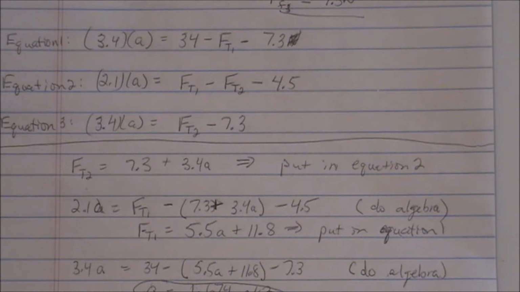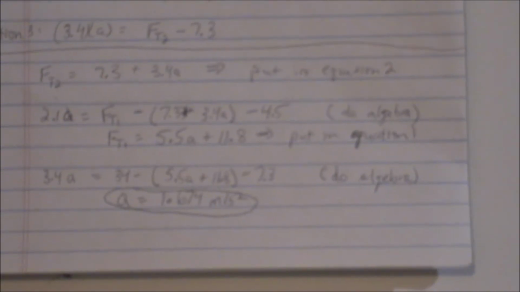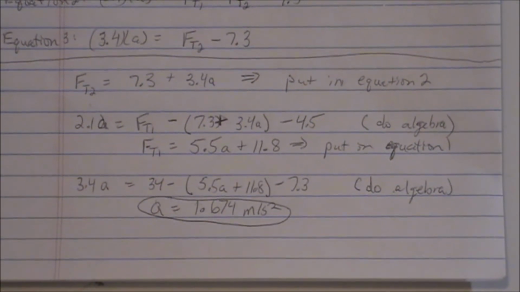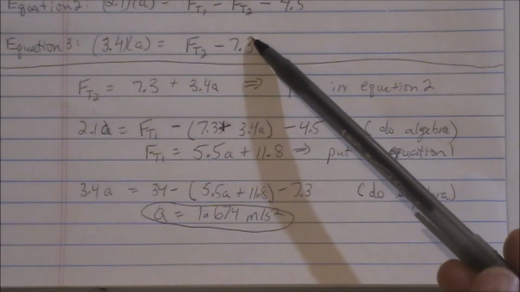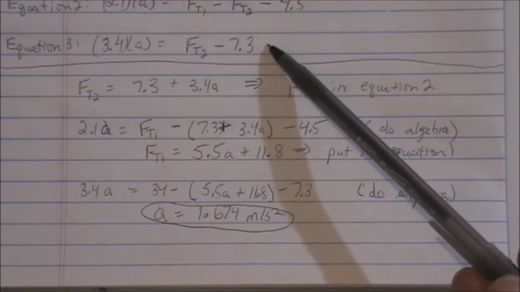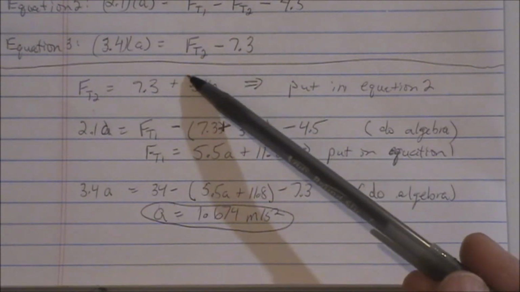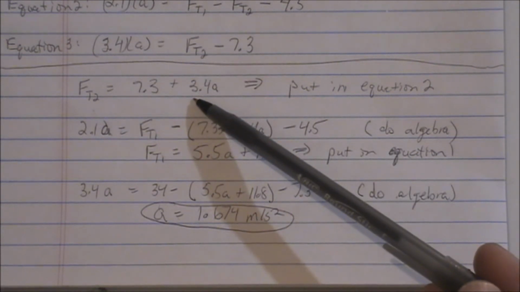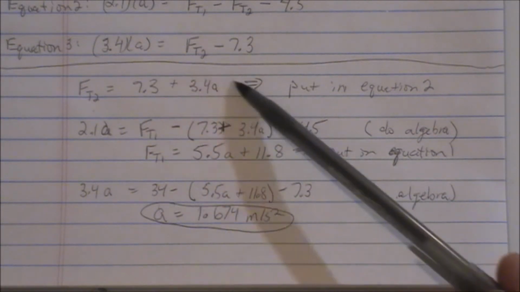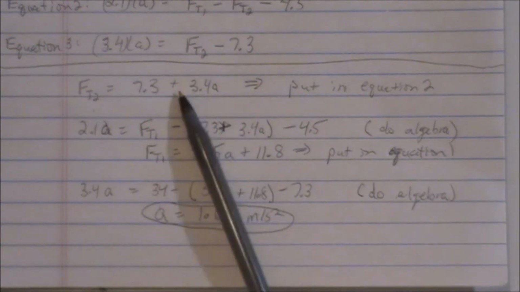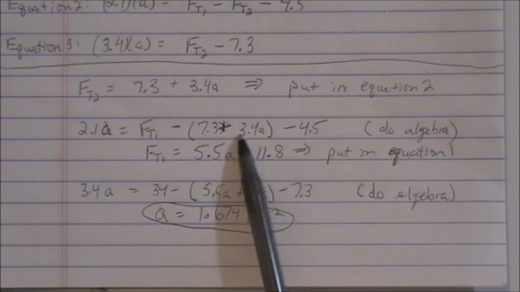Okay, so this is the result of the math and the algebra. I'll highlight a couple of things real quickly. I went back up into this bottom equation and solved this for the second tension. Then I put that into equation 2, which is up above, where this tension 2 was in the equation.